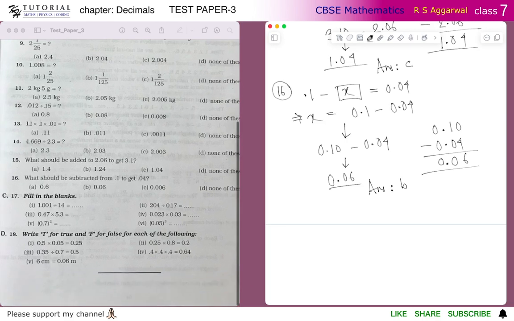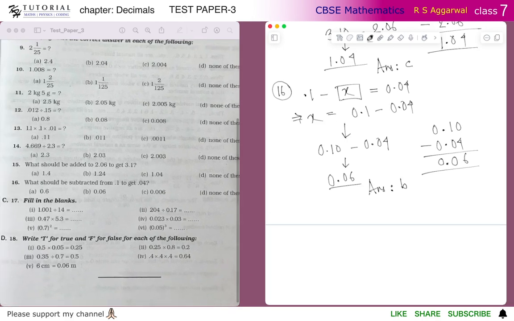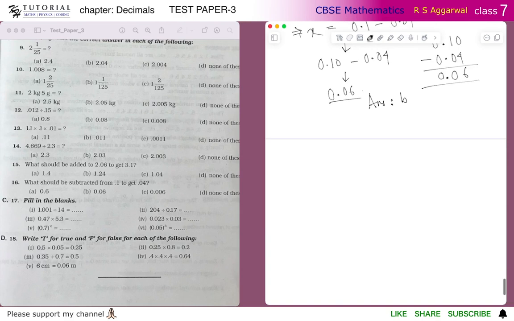Now section C, question number 17.1. It's asking 1.001 divided by 14 is how much? Okay. So this is the division of a decimal number by a whole number.